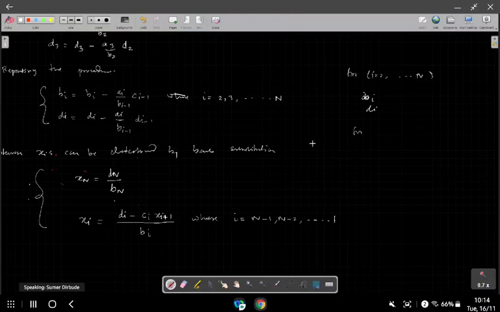Then for i equals n, you calculate xn equal to dn divided by bn, where dn and bn are obtained from the first for loop.